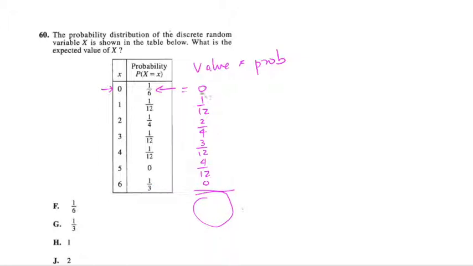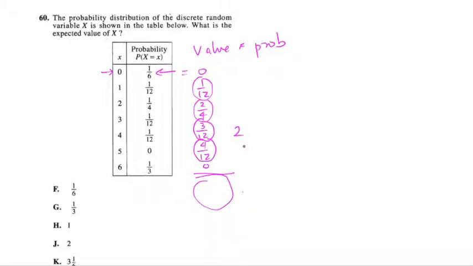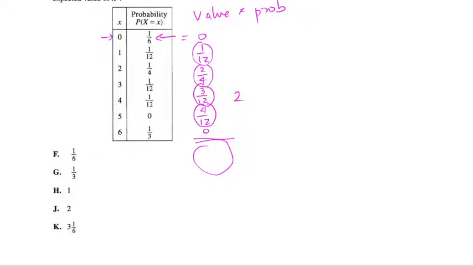So that's going to be 1/12 plus 2/4 plus 3/12 plus 4/12 plus 2. Let's quickly look at these answer choices. When we add them up, we know that it has to be a number greater than 2. The answer is K.